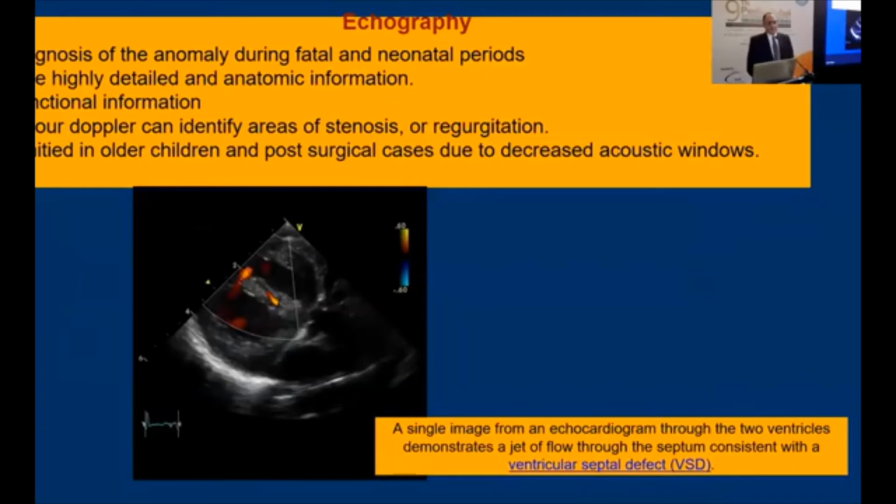The echography depends on the examiner, how expert he is. It can be done in the antenatal and the neonatal period, and can give highly detailed anatomic information of the cardiac anomalies, give functional information, and the color Doppler can detect the stenosis or regurgitation areas.